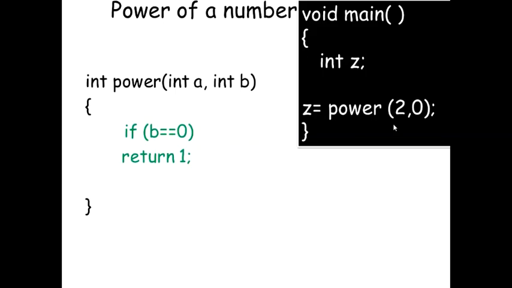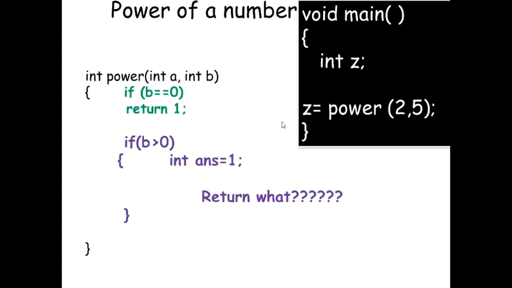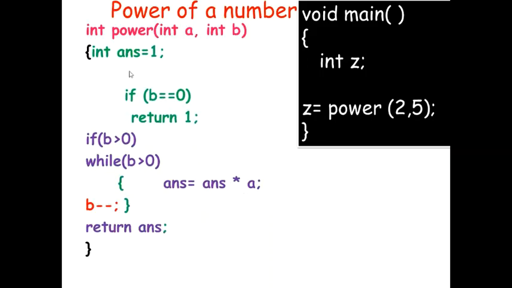Now what if it is something other than 0? In that case, what are you going to do? So that means if your index is greater than 0, you will have to do something. So if b is greater than 0, what are you going to do? Now if b is greater than 0, you know that you have to return something. Alright. Now for that computation, I have brought in another variable, ans, answer.